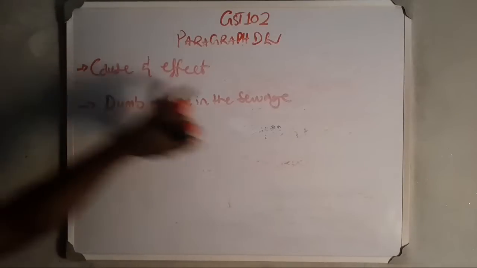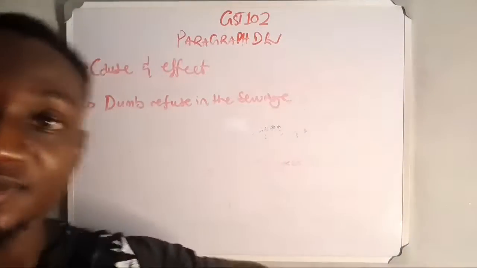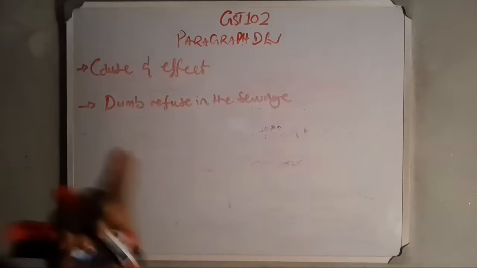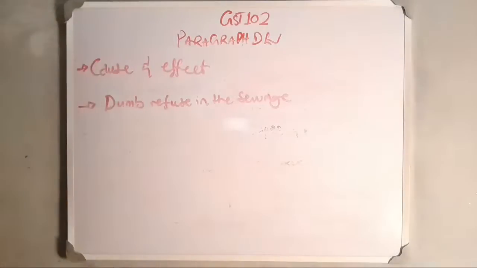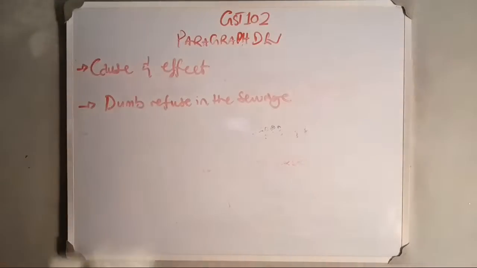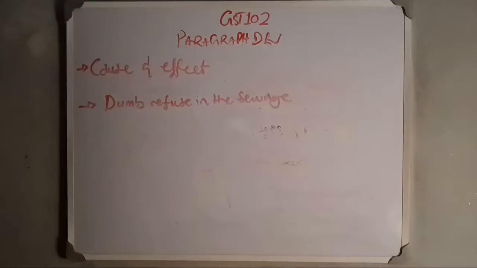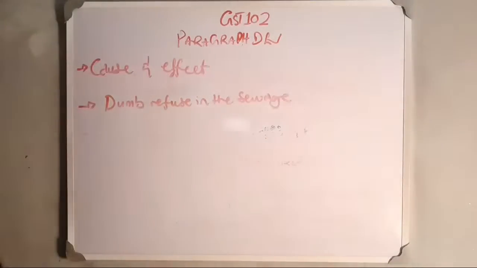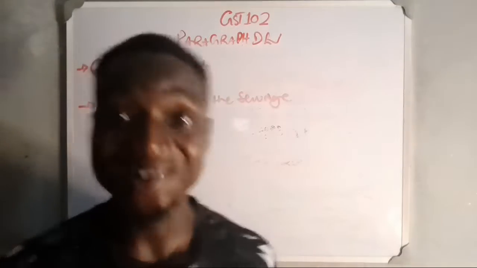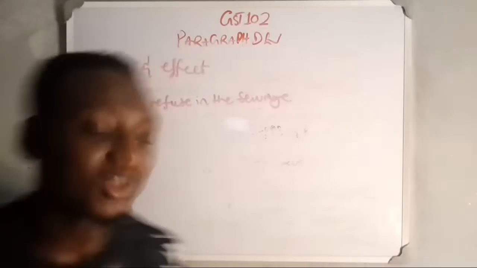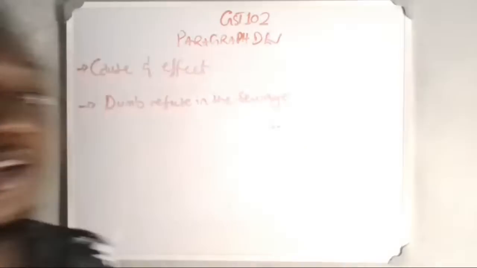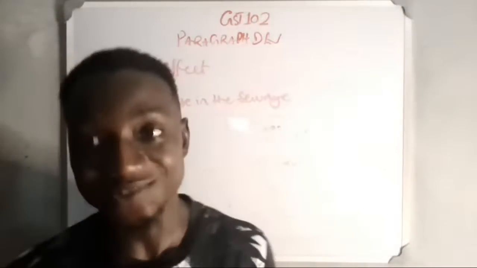now we are talking about cause and effect. I said it is more of when you do this, you get this repercussion or consequence. Let's use a very simple explanation. We all know the general saying that there is no ignorance in the court of law, meaning that if you abuse someone's rights, you are expected to face the wrath of the law.